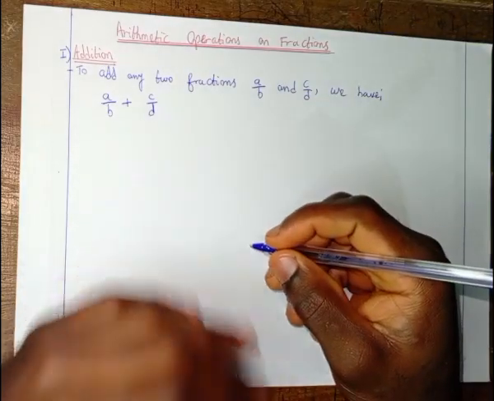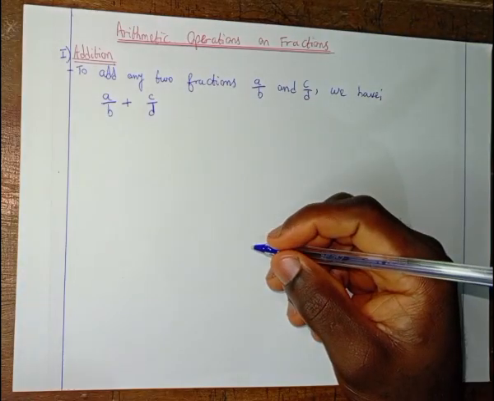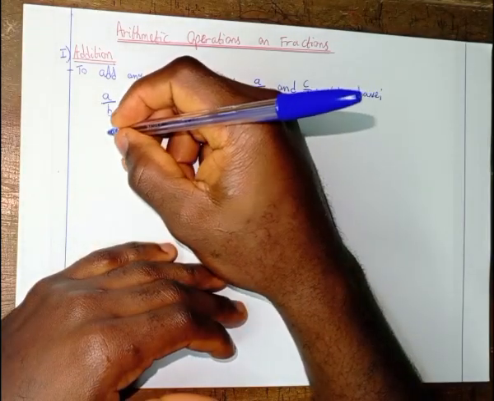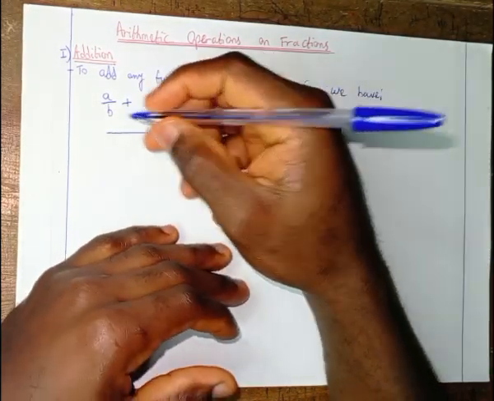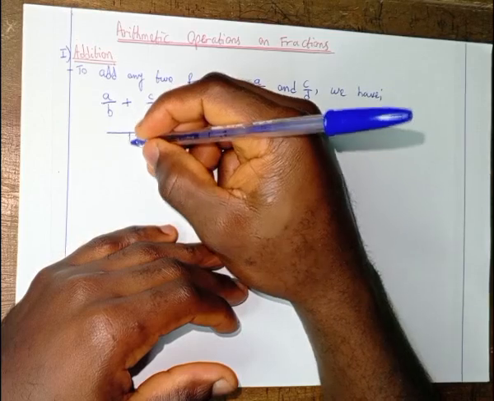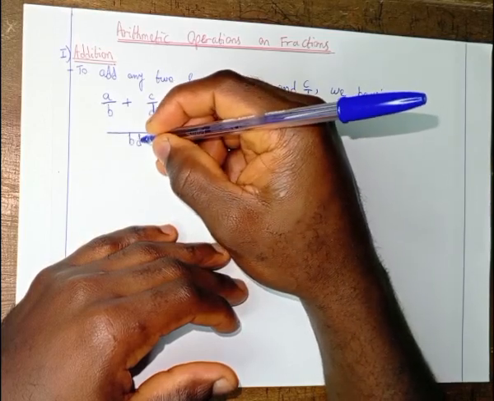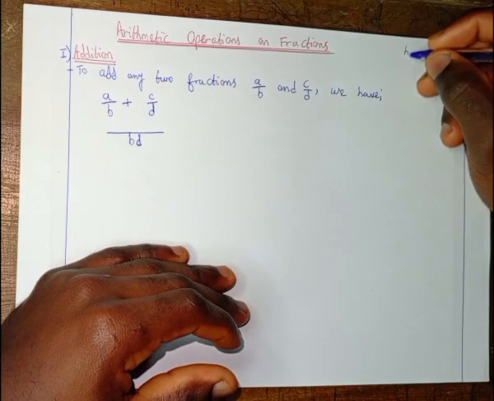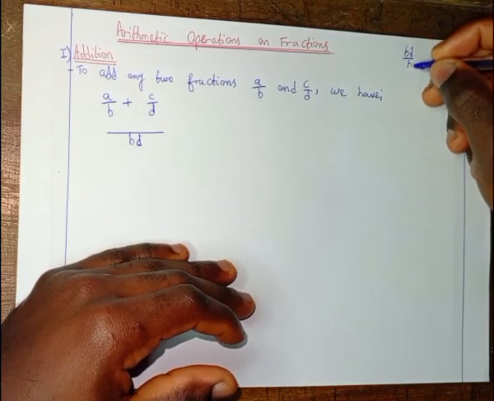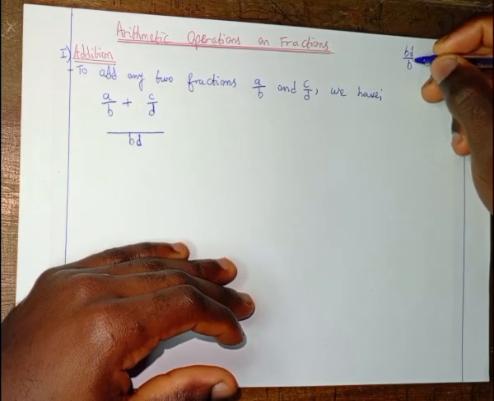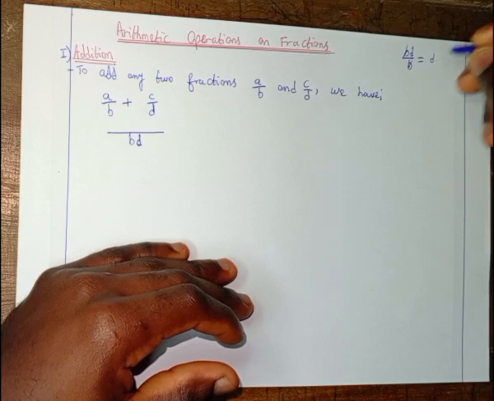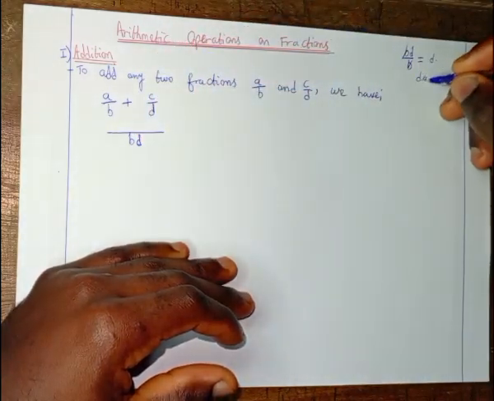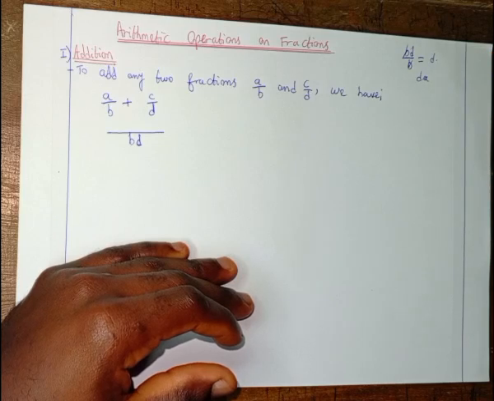First thing, we are going to find the LCM of the denominators of the two fractions. The LCM will simply be b times d, which gives us bd. We divide bd by b, and d will cancel d, we'll be left with b. b times a gives us ba, but we are respecting the alphabetical order.